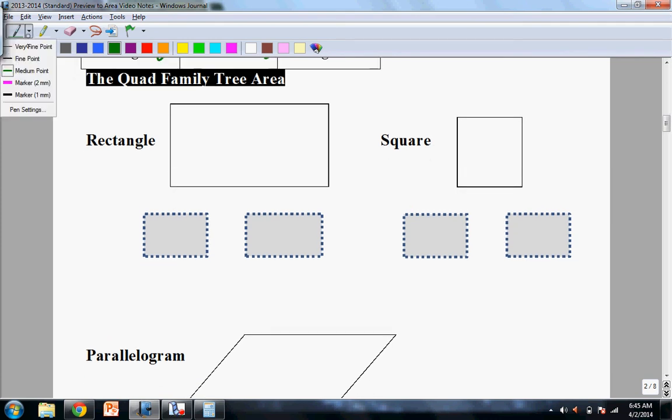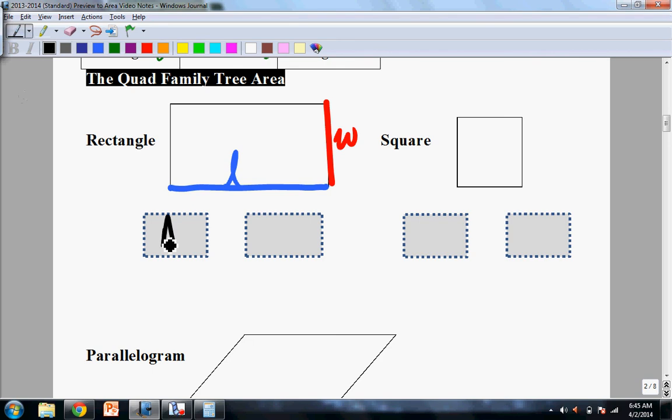Quad family tree. Area of a rectangle. Of course, you know area of a rectangle to be length times width. So area equals length times width. Now, because there is a right angle here, we could also call the length and width the base and the height.